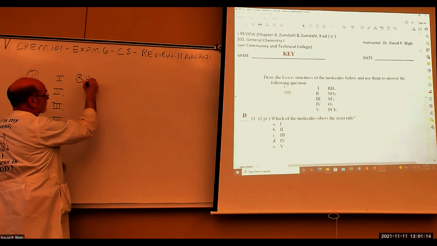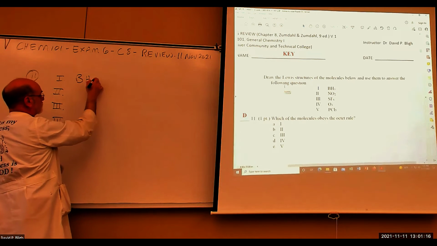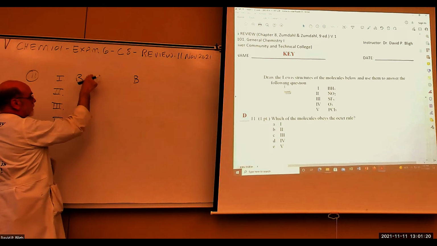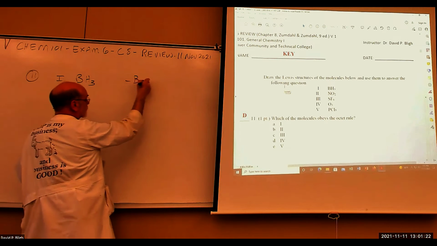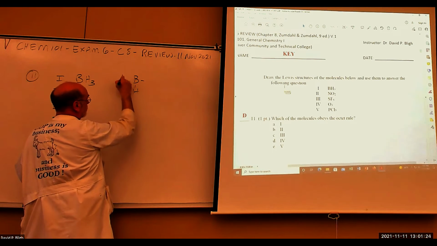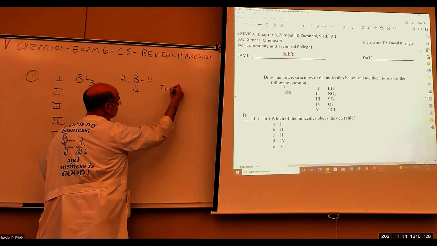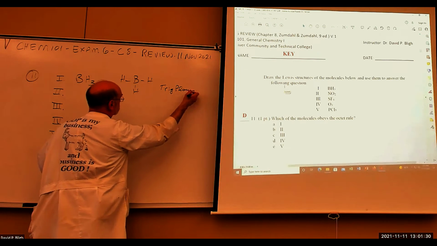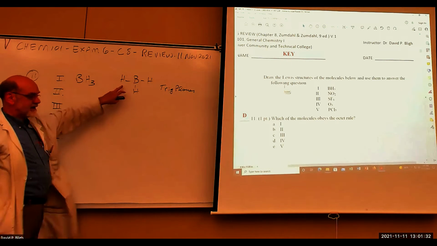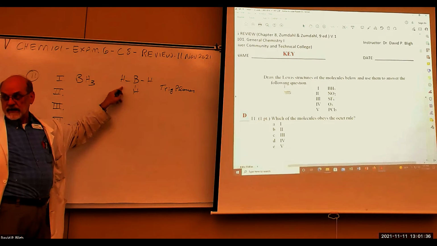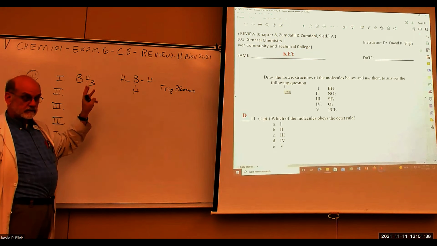We did this one in the lecture. That one's like this, right? 3 electrons here, 3 there, 6. So we only got 6 to go on. This is trigonal planar. And any dipole here is canceled out because they're equally spaced around a triangle.